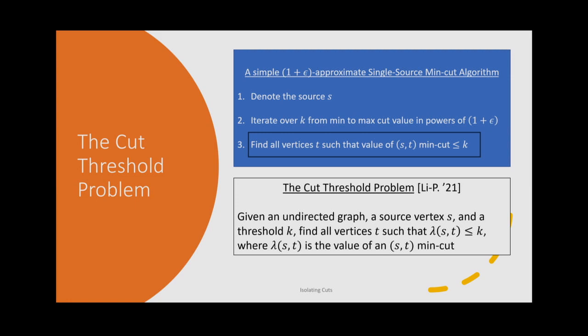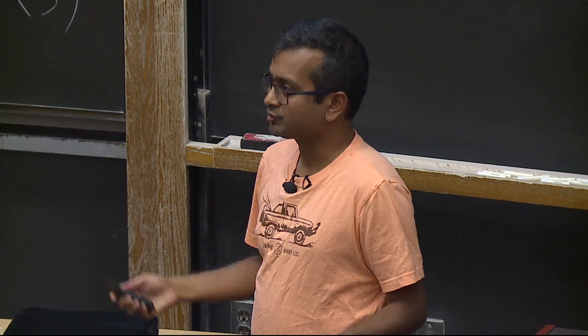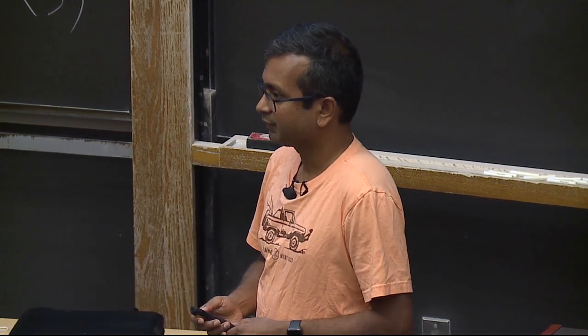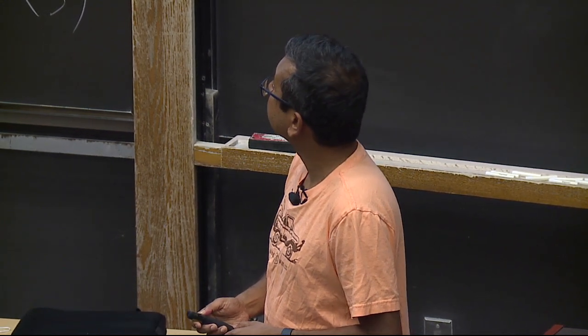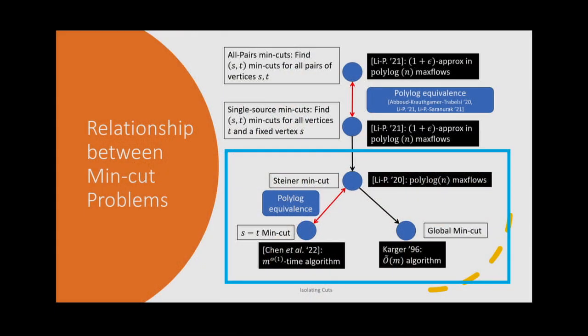So now that I have a cut threshold algorithm, I have a 1 plus epsilon approximate single source min cuts algorithm. And by the reduction that I described earlier, that implies that now I also have a 1 plus epsilon approximate all pairs min cuts algorithm. Okay, because as I said, this reduction that only loses polylog factors is robust to approximations.